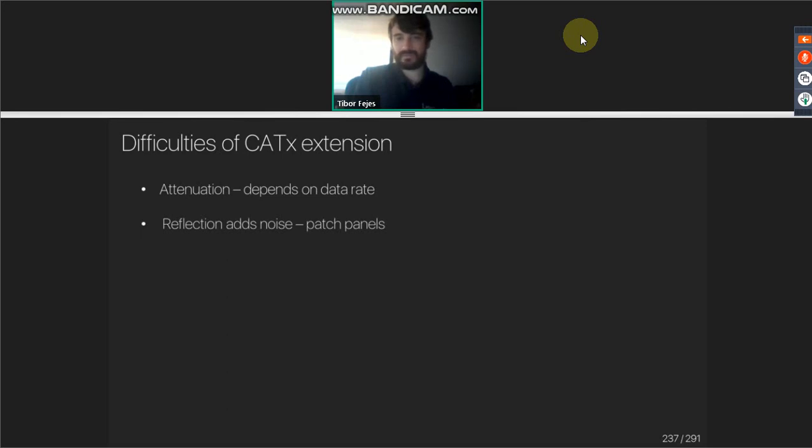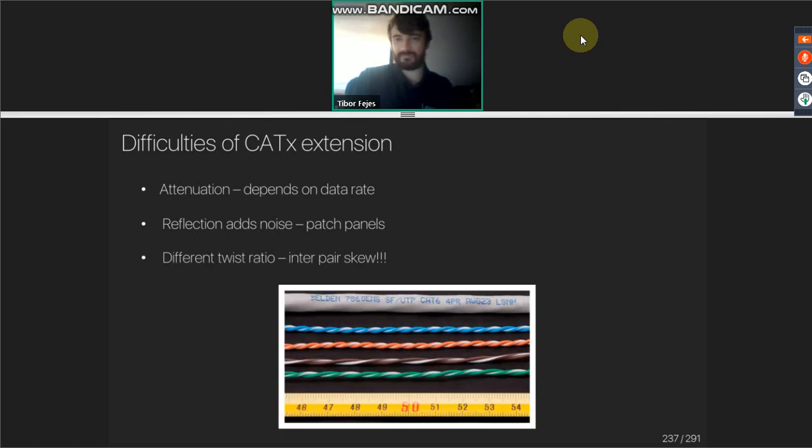Typical signal paths for Cat-X cables include patch panels, which aren't a problem for Ethernet, but they can cause reflection and add noise, which is a big problem for HDMI. And the different twist ratios for the different wire pairs, as I mentioned earlier, it's great for Ethernet, but not good for HDMI.